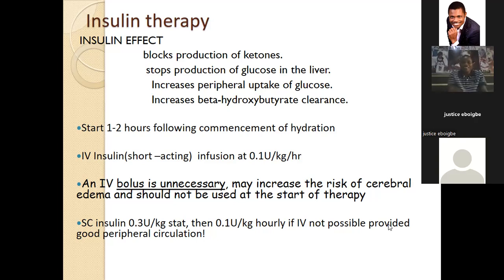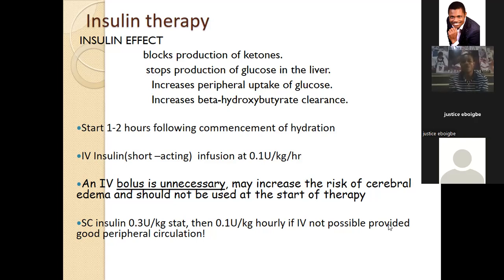So if you want to calculate how much insulin the patient needs per day, you multiply by 24. That gives you the insulin per day. But remember, we calculated our fluid, and we are giving fluid at 98 mils per hour. The same way, you are giving insulin at 2.5 units per hour.